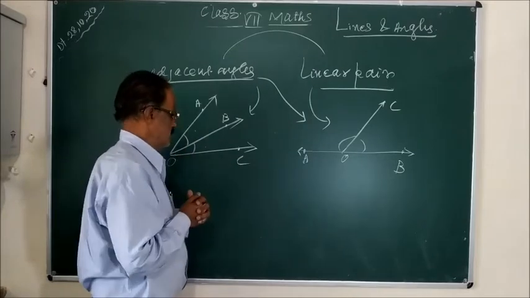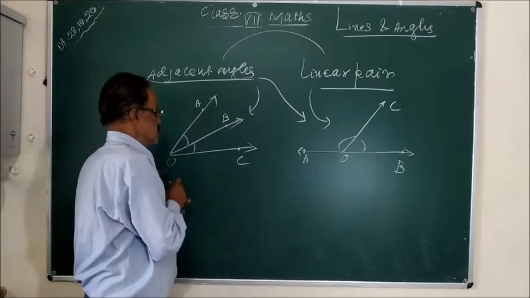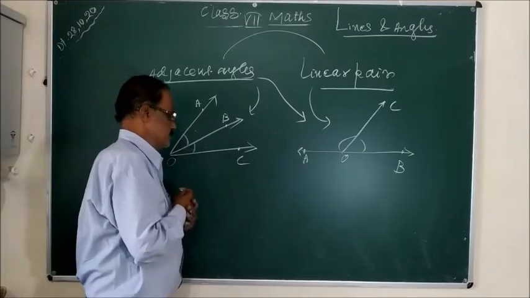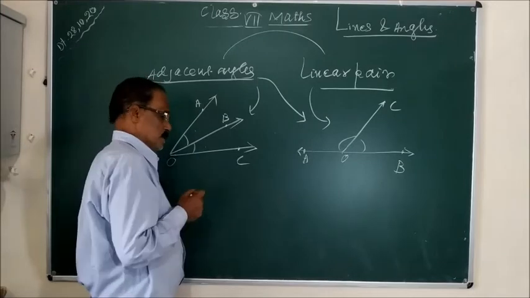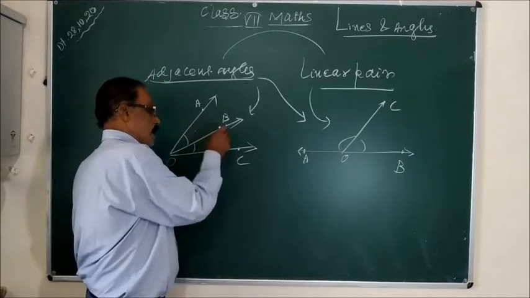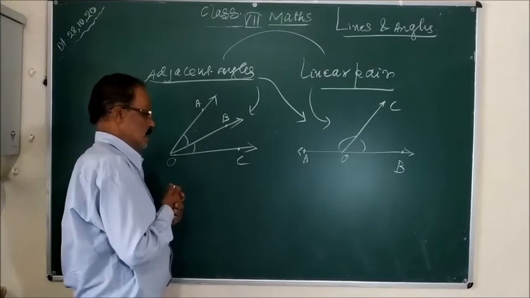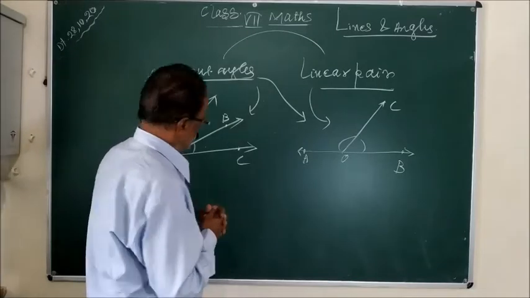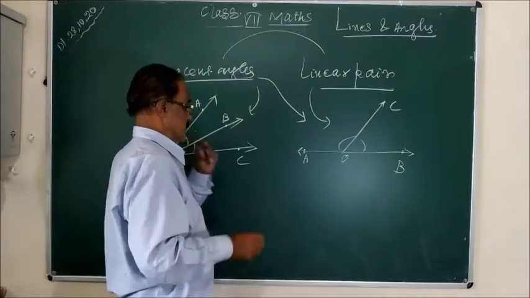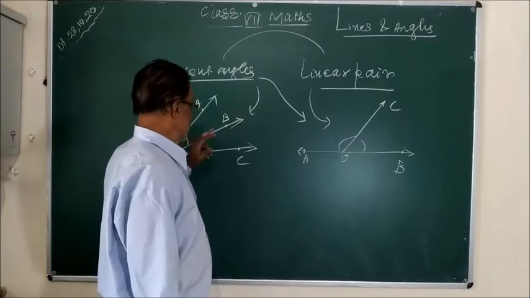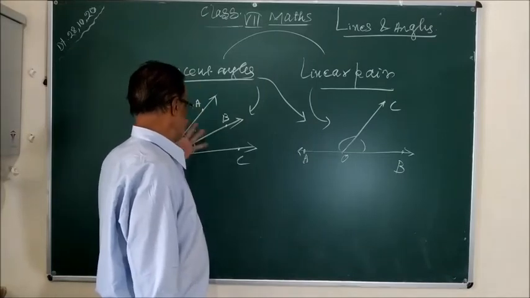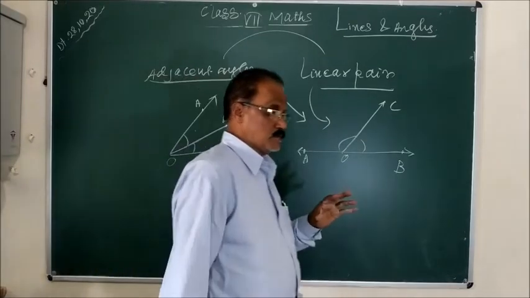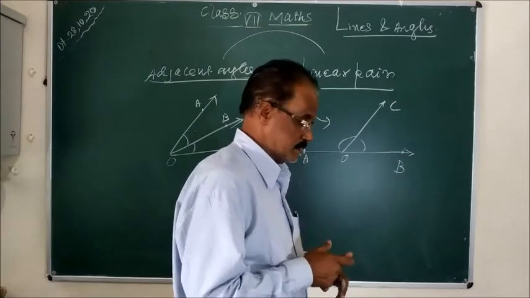They are not common. So the angles which are formed at a point, in which one is a common arm, common side, and the other two sides are non-common, are called adjacent angles. So adjacent angles mean the angles which have one common side and two non-common sides.